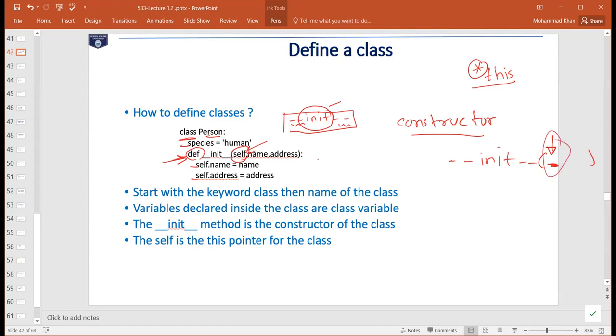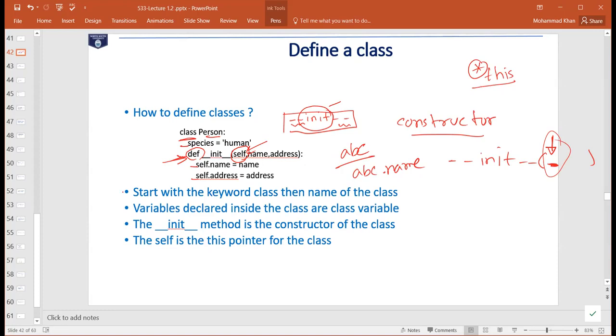If you write abc instead of self and then use abc.name, the things will work without any warning, without any problems. Only the position of the first argument matters, but the name doesn't matter. But normally Python programmers use the word self to refer to this pointer.